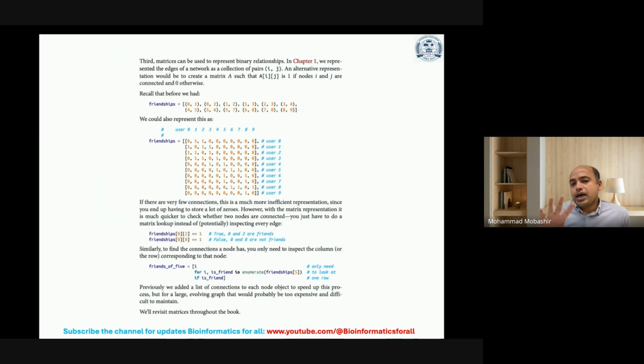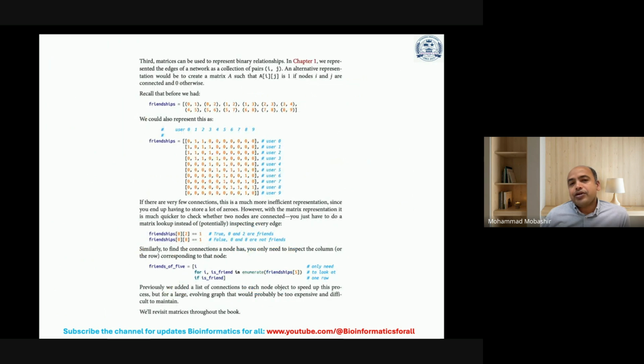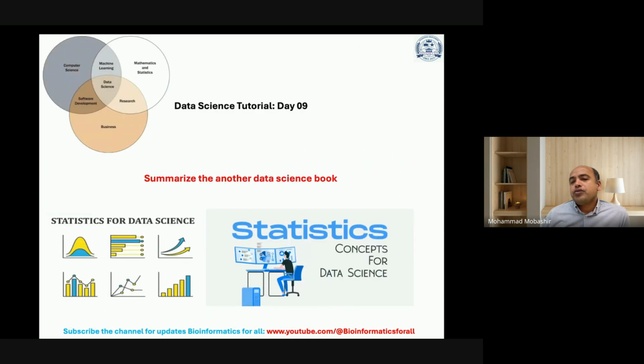Then these are some ways to represent your matrices. Next day, I will continue. Currently it was linear algebra, which is quite easy to understand and implement.